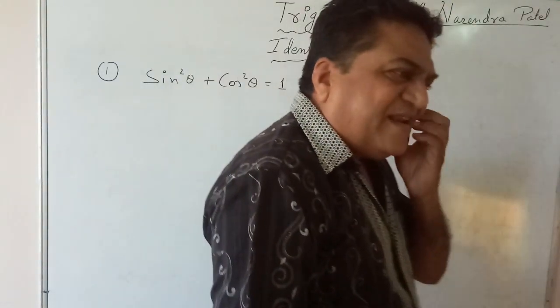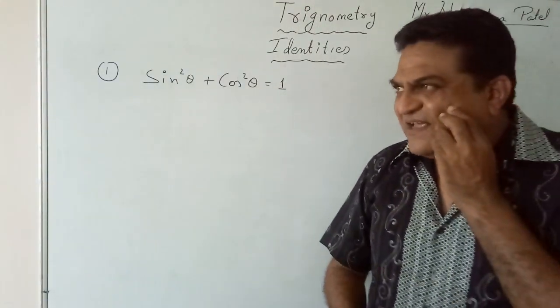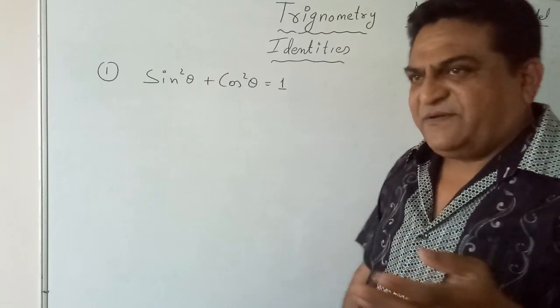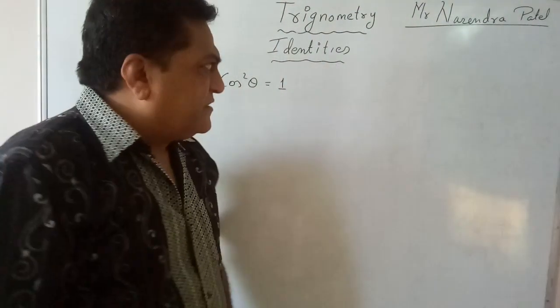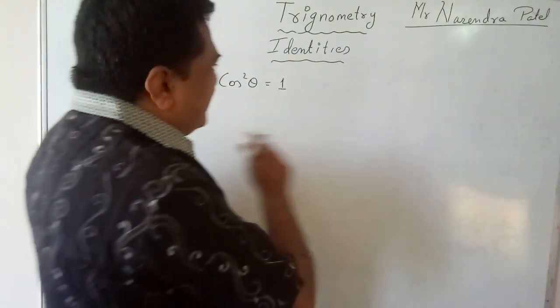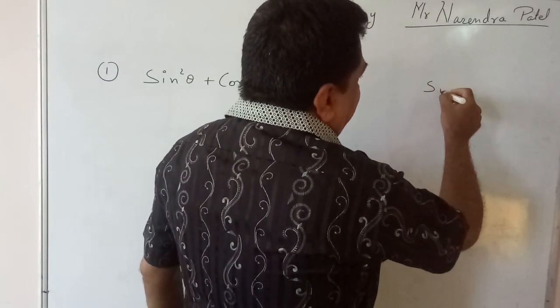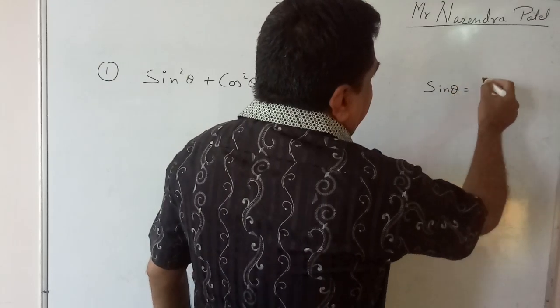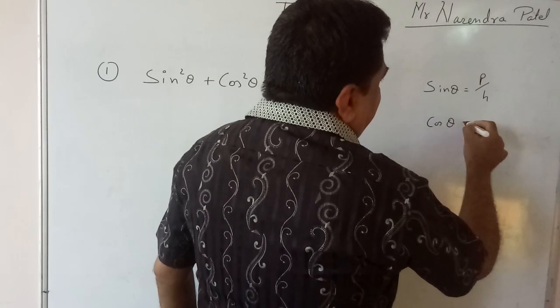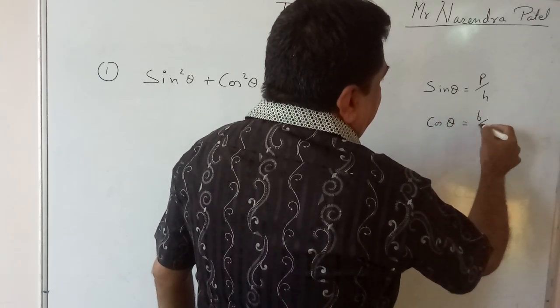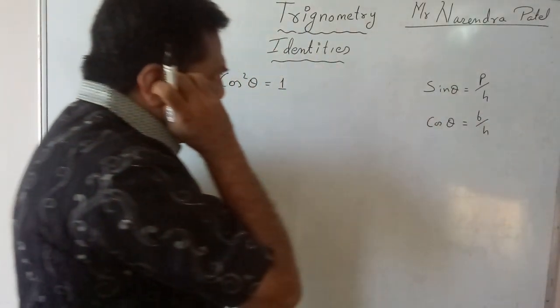Now how this identity is arrived at, the proof of the identity will also be given to you. You have to learn it. It is in the textbook also. For this, let me take sin theta is equal to P by H, that you know. Cos theta is equal to B by H, that you know.